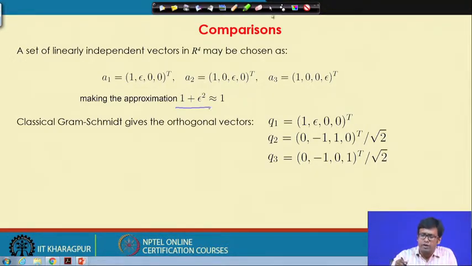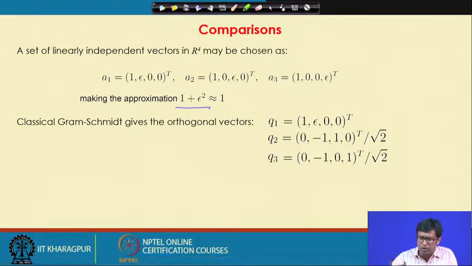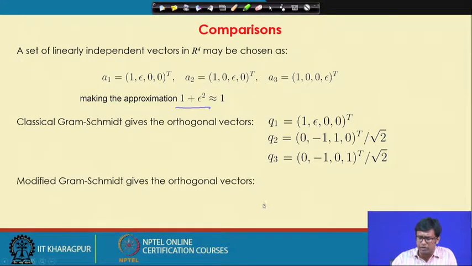Now, if we look into the modified Gram-Schmidt orthogonal vectors, they are not the same as this, because at a certain step there is a 1 plus epsilon square which appeared in the Gram-Schmidt method, which did not appear in the modified Gram-Schmidt method. So, you do not have to neglect that epsilon square.